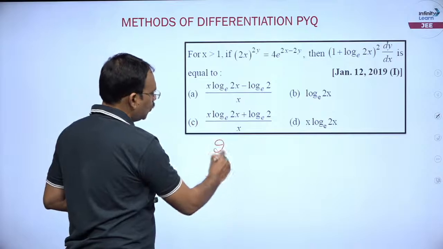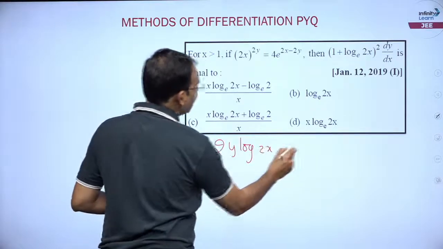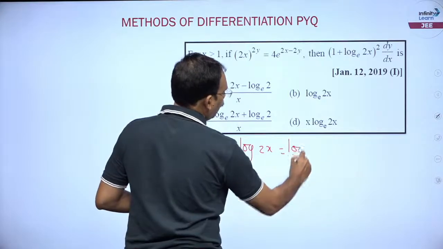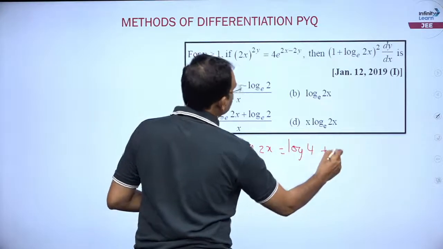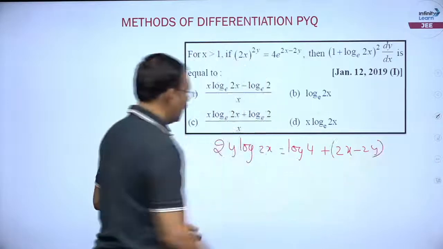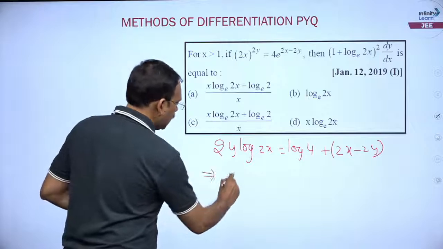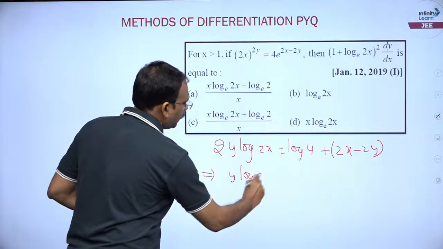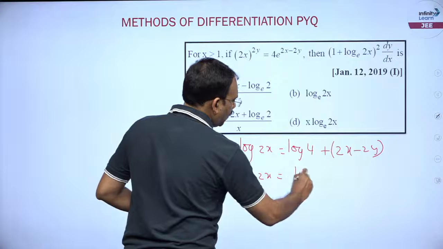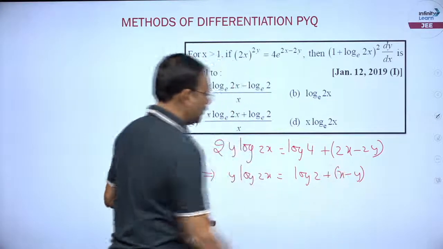You will get 2y into log of 2x is equal to log 4 plus 2x minus 2y. Log 4, if you write like 2 square, you can write y into log of 2x is equal to log 2 plus x minus y.